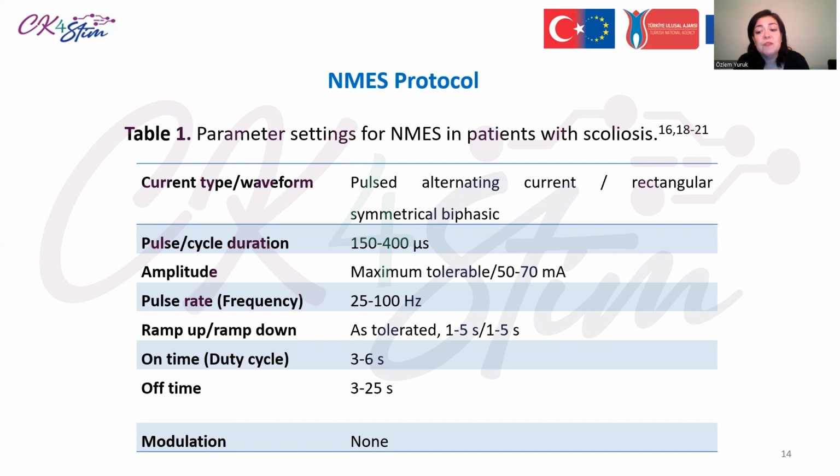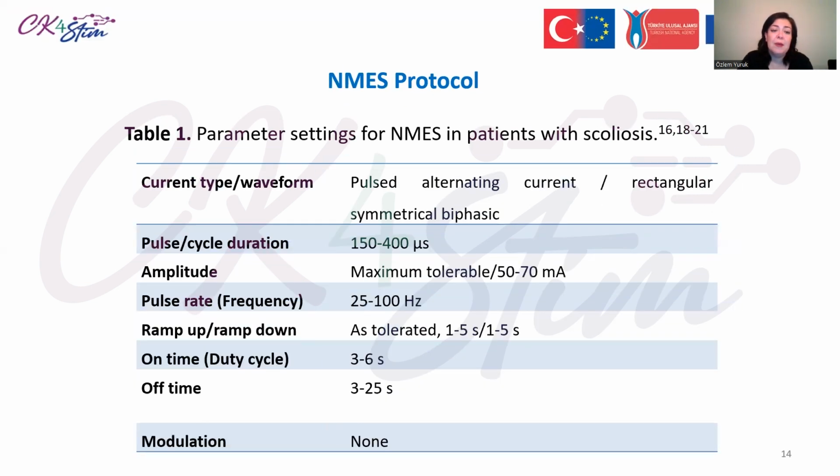The amplitude of the stimulus is slowly increased until an acceptable level. It is recommended to have a variable amount of visible contraction and to increase it up to the patient's maximum tolerance.